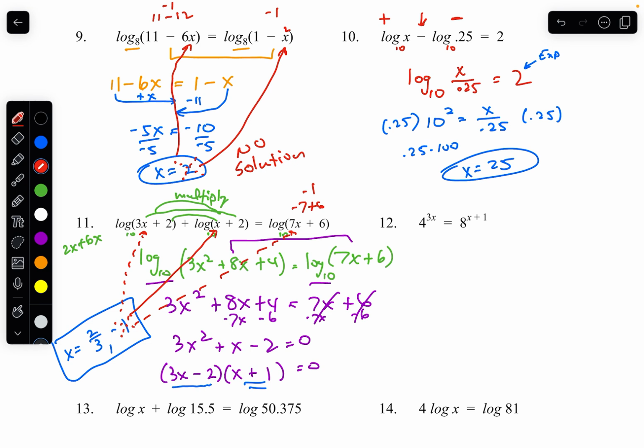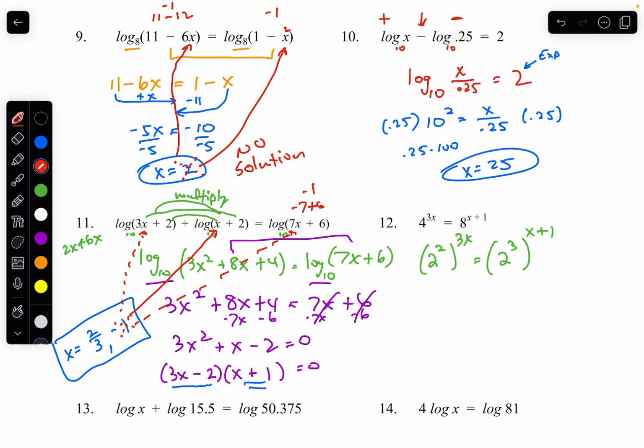Okay, just so you know, number 12, there isn't a problem like that on the exam. But 4 can be written as 2 squared. And 8 can be written as 2 cubed. So if you get those bases to be the same, now stacked exponents will multiply.